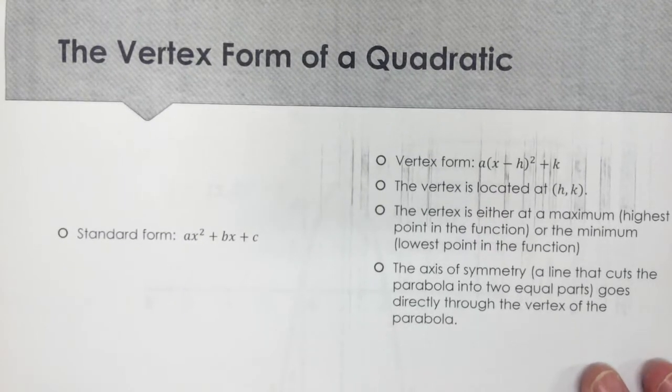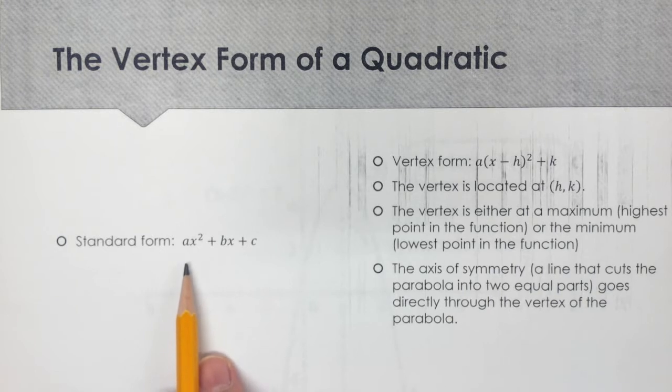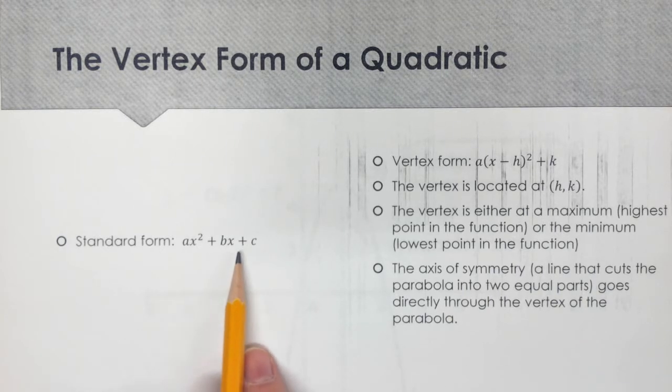The vertex form of a quadratic. So here's the standard form of quadratic, which we've talked about before, I think when we were doing the quadratic formula. So ax squared plus bx plus c, and we know that the a, b, and c are important numbers when we're using the quadratic formula and so on.